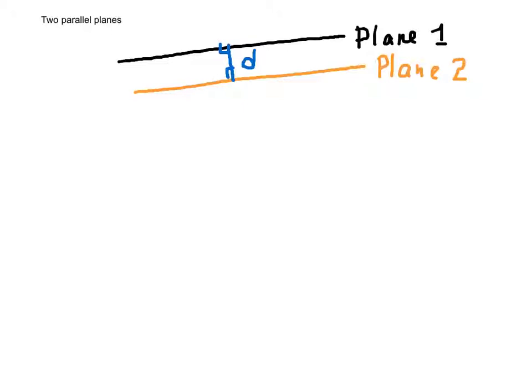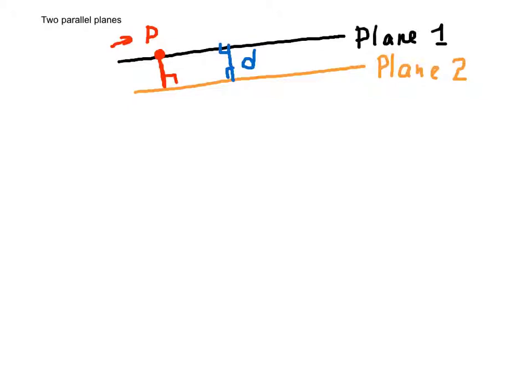To do that, we use a very nice idea. First, we try to find a point on plane 1, and so we get the point P. Like before, since we know the plane and the point P, we can find this distance easily using the distance from a point to a plane formula.